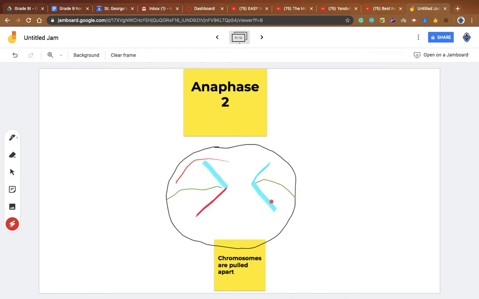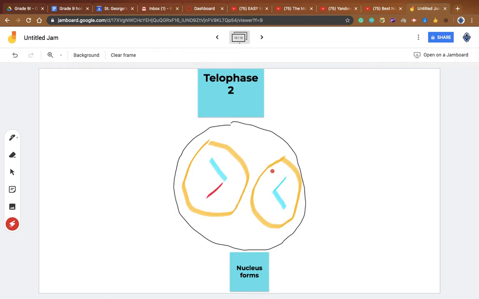So now we have one chromosome here, one chromosome here, and then in telophase 2, you can see that again the nucleus is starting to form here, and the chromosomes are by themselves on each side. Now you can see again, this one has a little bit of differentiation, but this one doesn't. And that's how you get different genetics.